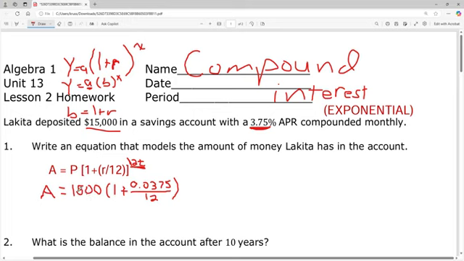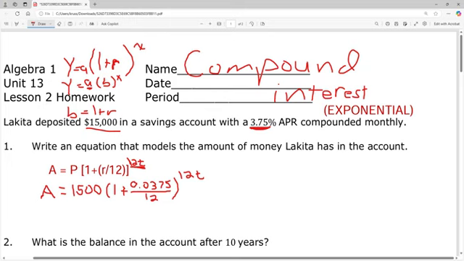So each month it's going to be a little bit more. Now I have 12 times t. So that gives me my number of years times my number of months, right? So the number of months, because this is compounded monthly. So every month I'm going to take this number.